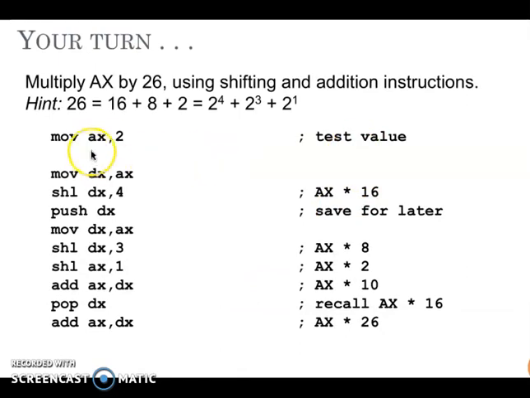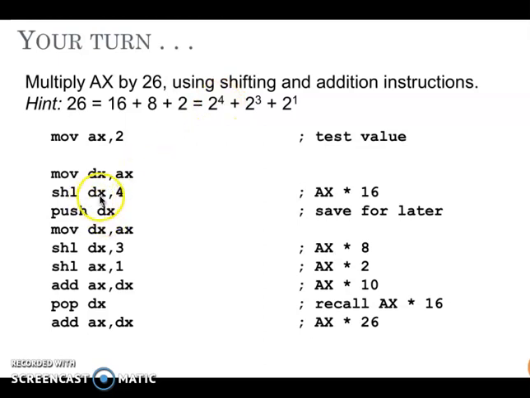For example, our AX holds the original value, and it can be any value. At the end, we will do 26 times this value. Remember, we need to save the original value, because SHL always changes the destination value. That's why we move AX to DX. We do the first one: DX shifts to the left for 4 bits, so that finishes 2 to the 4th power.